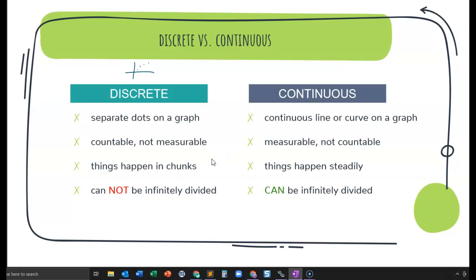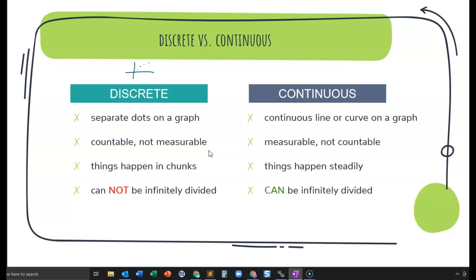You might also think of this as something that is countable rather than measurable, or things happening in chunks, like maybe you get a payment every so often. That would be something happening in a chunk. Or you might think of it as something that cannot be divided infinitely. So if it doesn't make sense to divide it in half or in fourths or in hundredths, then it is not continuous. It must be discrete.